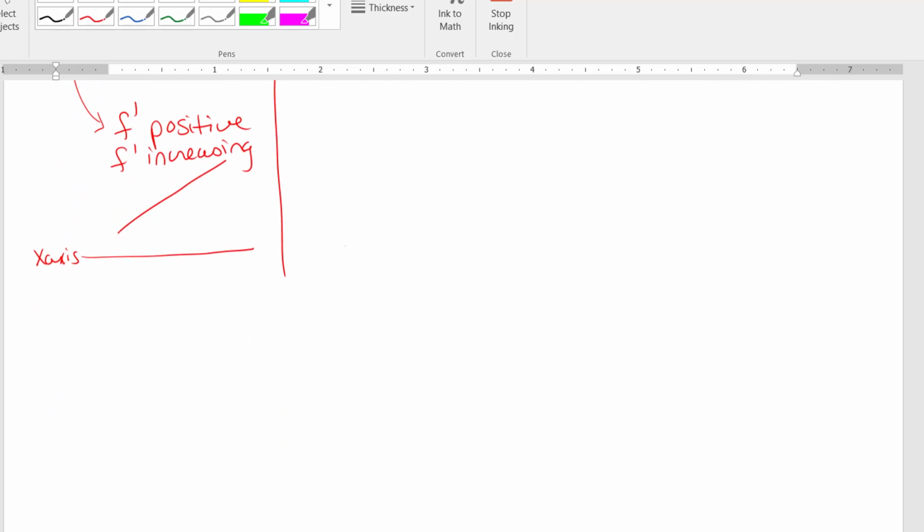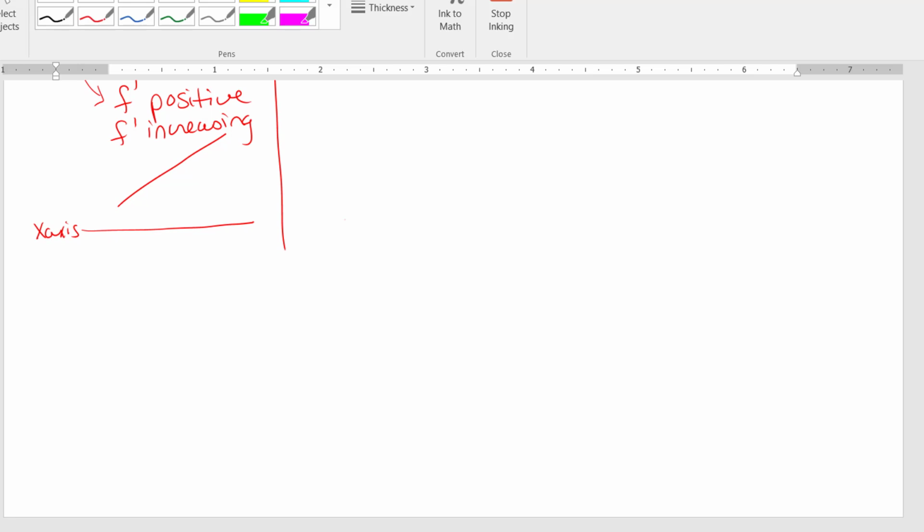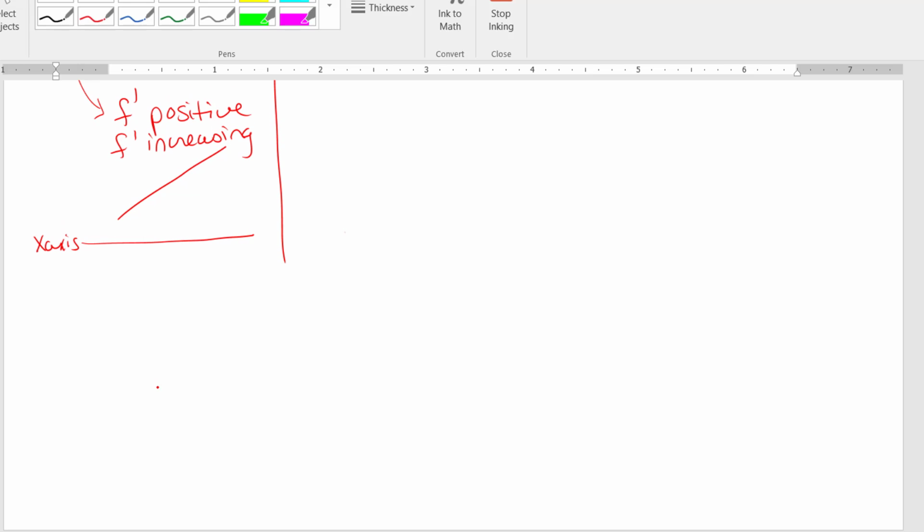If I think of f prime as my starting place, and I want to think about the derivative of this f prime graph, here I have a graph that's above the x-axis and increasing. Because f prime is increasing, we know its derivative is positive. F prime is increasing, so f prime's slopes are positive. That means f double prime is positive.